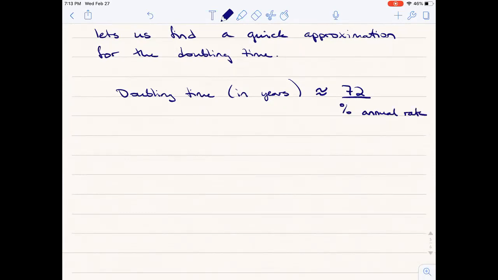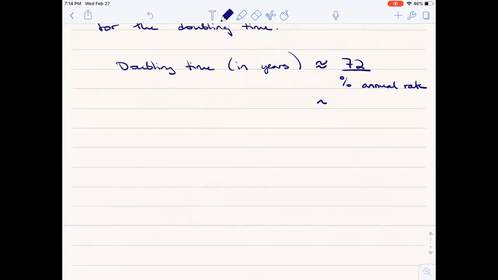Notice that it's the percent rate, right? So 8%, you would just use 8, not 0.08. So this is the only time where we're not going to convert it to a decimal. We just keep the percentage. Okay? So this is going to be the same as 72 divided by R percent.